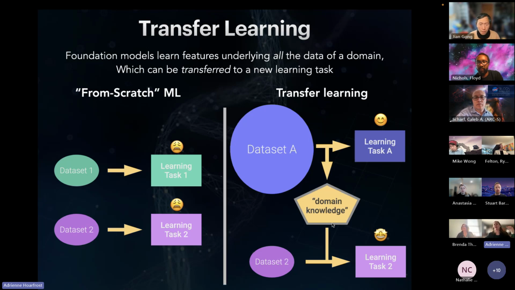You can then learn this domain knowledge, the fundamental features that underlie all of biology. We don't need to relearn on every data set what a codon is, right? We could probably learn that from a different task on a larger amount of data. You then transfer that fundamental knowledge over to your new model, preload those weights, and then fine tune it on your small data set and get much, much better performance because you don't have to relearn all of those basic things about biology. You already know those things.